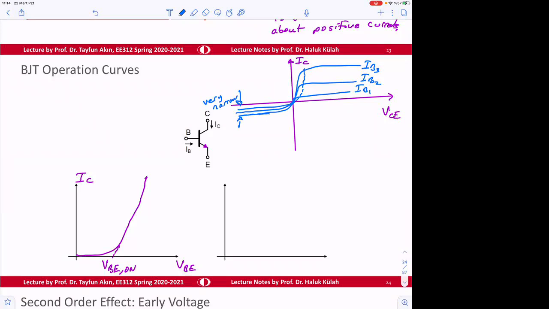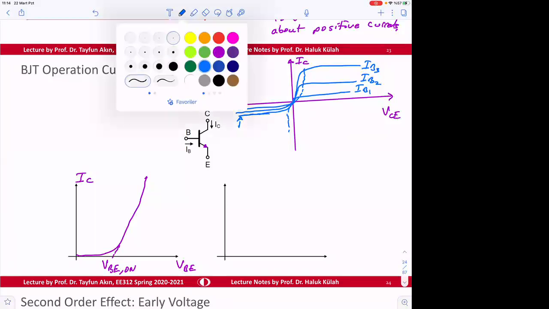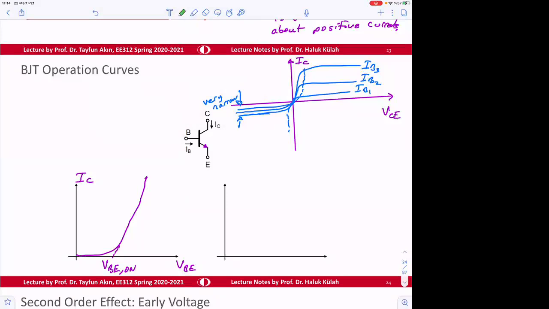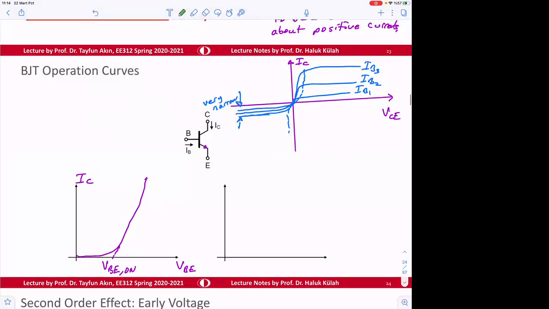For this region, we call this thing the forward active region, and then this region is called the saturation region, and then this region is called the reverse active region.